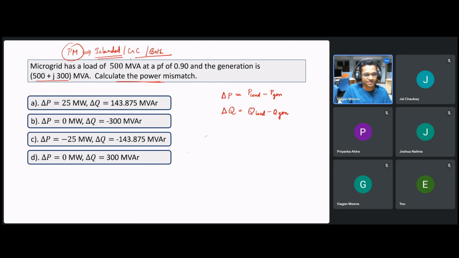So in this case, will it be 0 or what will be the value of these two? So now you can calculate. Everything is given, right? P load is given, P generation is also given, Q load, Q gen. So what will be the values of these mismatches? What will be del P and del Q?